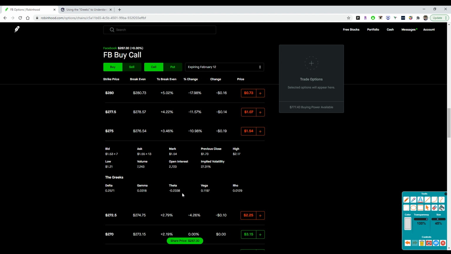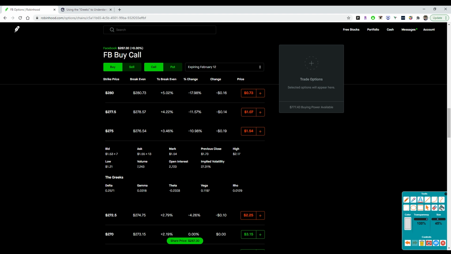So theta is the rate of time decay if your option remains stagnant. If your stock isn't moving up, theta is going to whittle down the value of your option, and it's known as a premium killer.